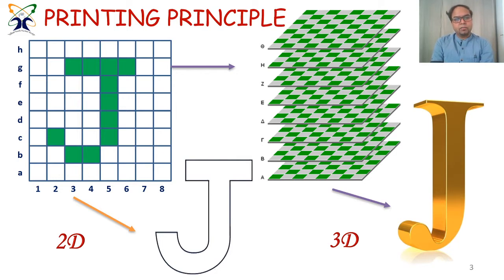So basically what printing looks like to the machine is something like this. On your left, you see a grid, an array of different squares with the marking 1 2 3 4 on the bottom and A B C D on the left-hand side going up. This grid represents the area or the thing which is to be printed.